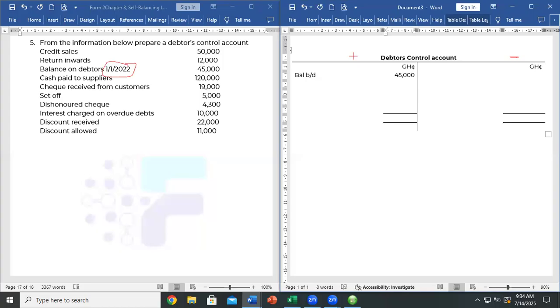Okay, so after dealing with your opening balance, you now pick the items one after the other. So from the top, the first item is credit sales. And based on what we have been discussing, especially my professors who have been in class consistently, those who have been missing one or two, please, I beg you.